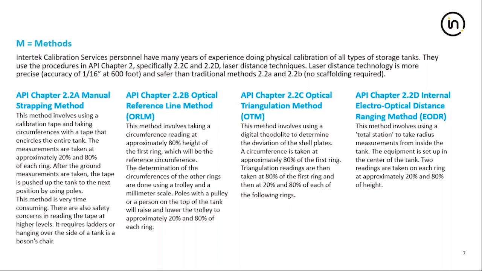So going over the cylinder volume estimation methods, the strapping method, as I mentioned, is the physical measurement using a tape of the circumference of the cylinder. Well, a tank is constructed by rings, and rings are put on top of each other, and they're welded together.